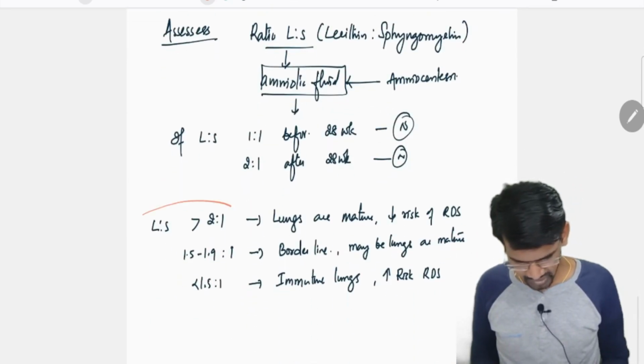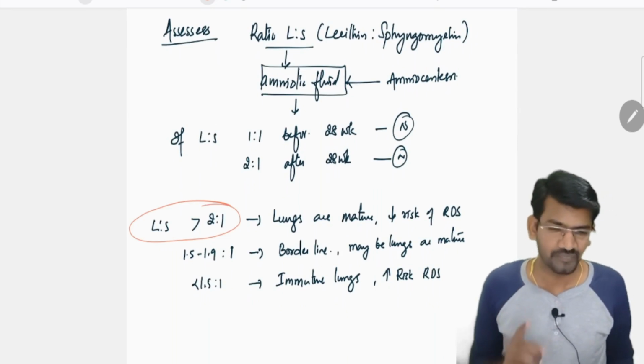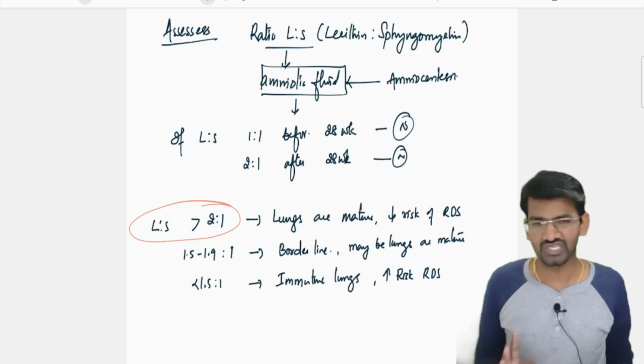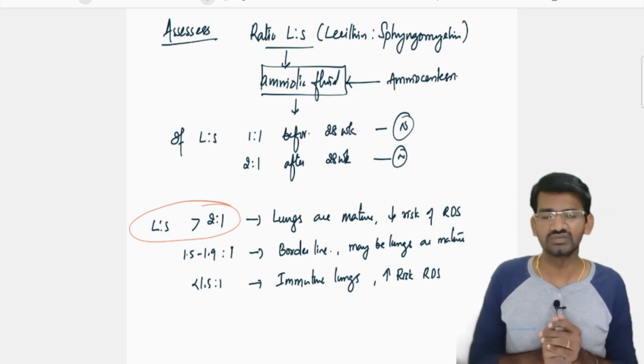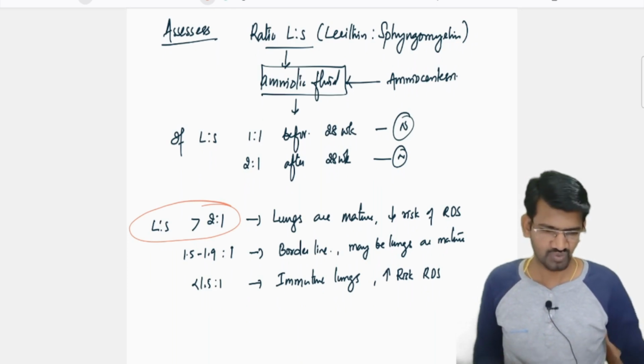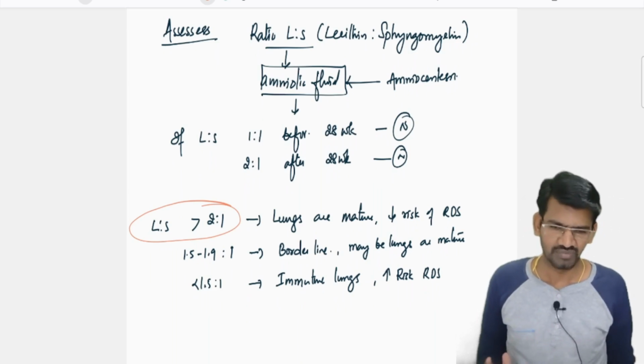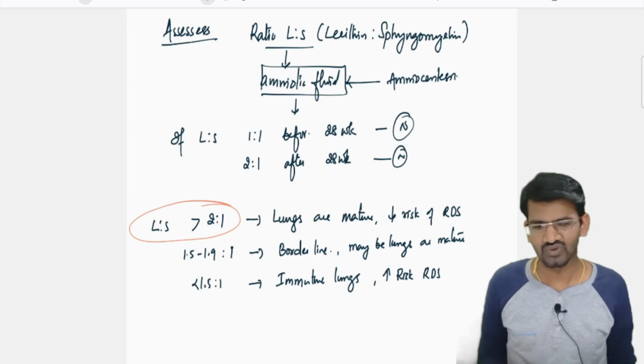The value is very important: more than 2 to 1 is considered fetal lung maturity. This will reduce the risk of RDS in the newborn. It is a very short topic, but there is a possibility of getting questions on this small topic as well.